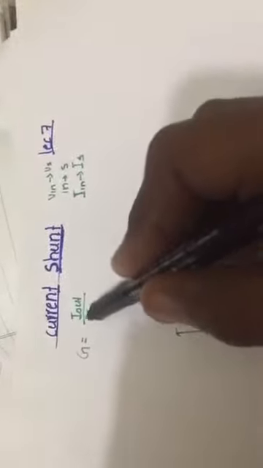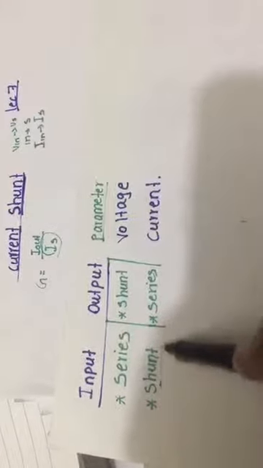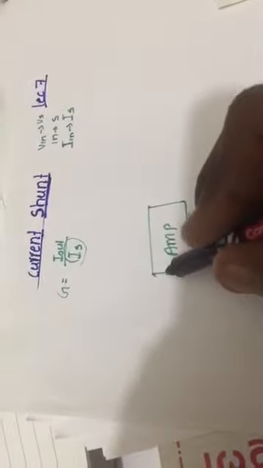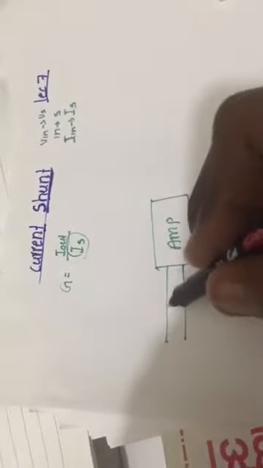Since we have a current as an input, our connection will be shunt or parallel. This is our input type.